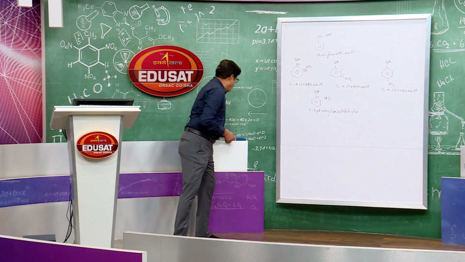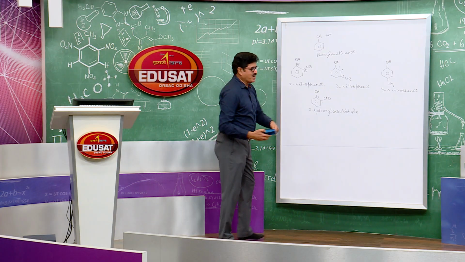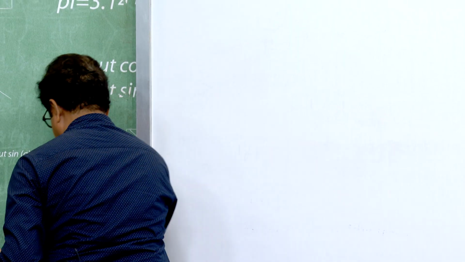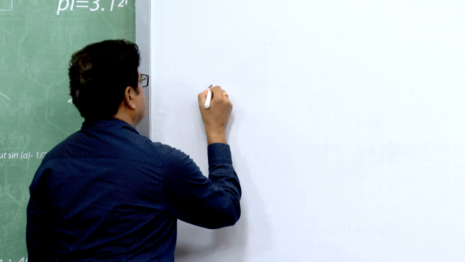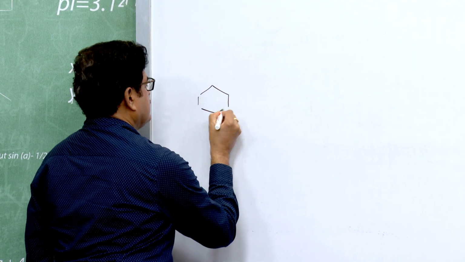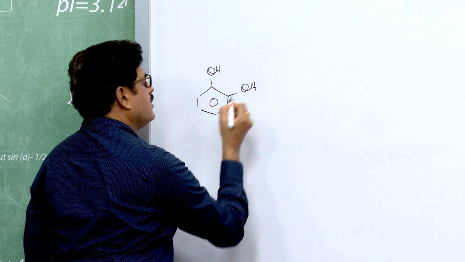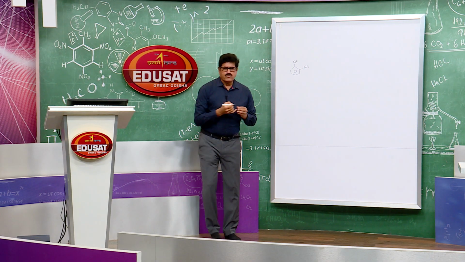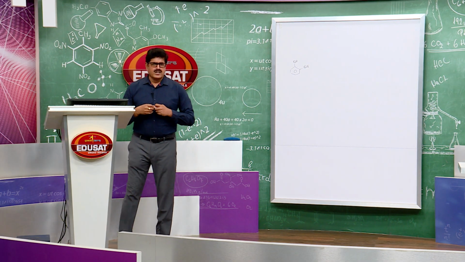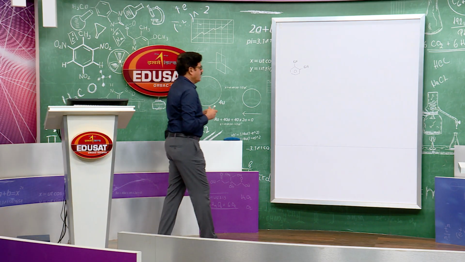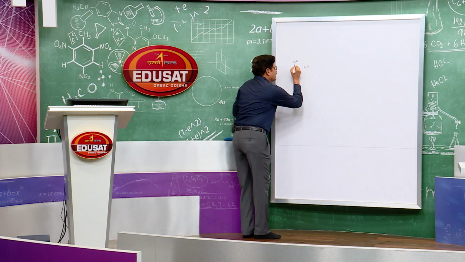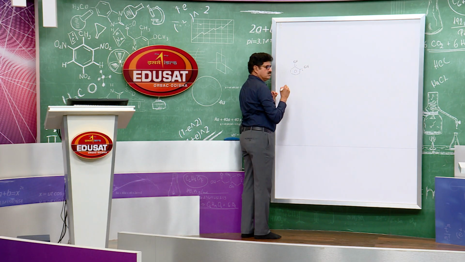Now let's see the nomenclature of dihydric phenols. This is a dihydric phenol. Can you name it? Can you assign names to the dihydric phenol here? It is 1, 2.